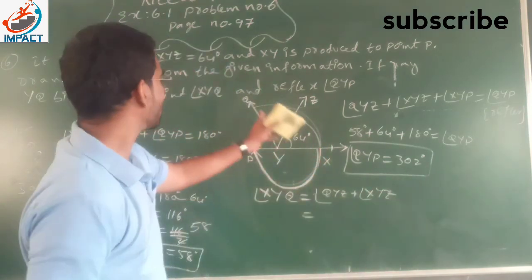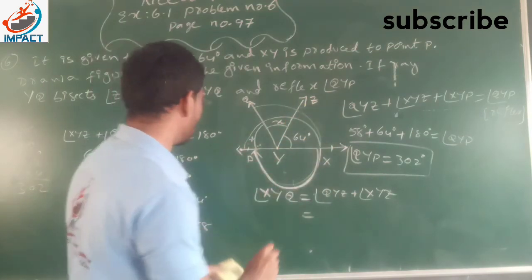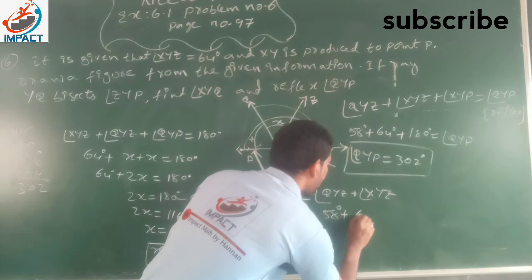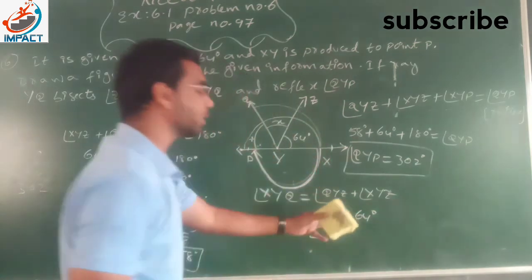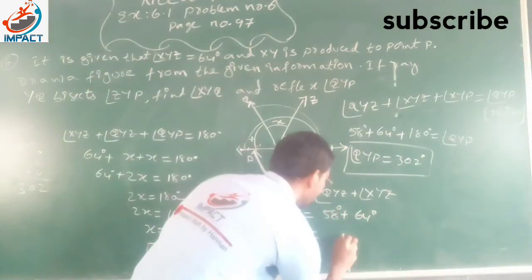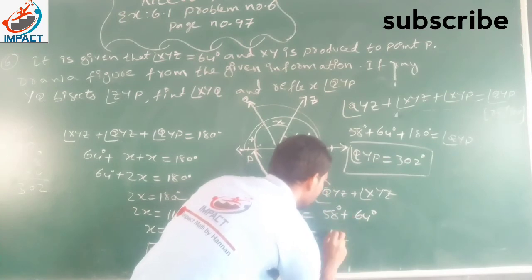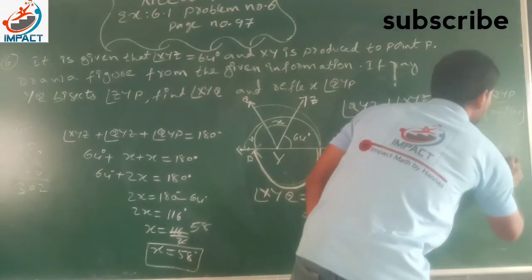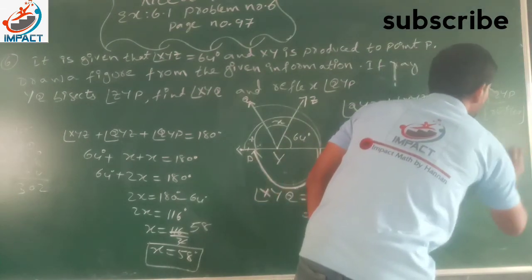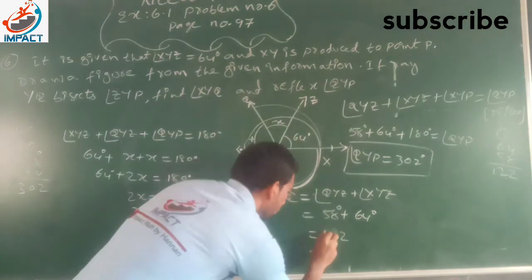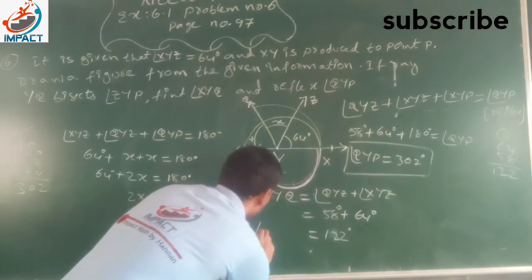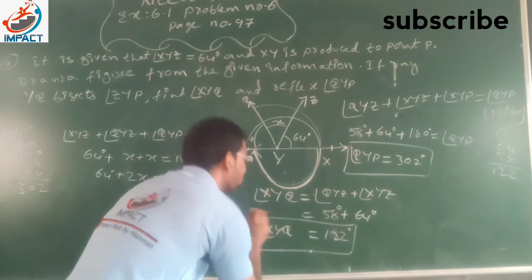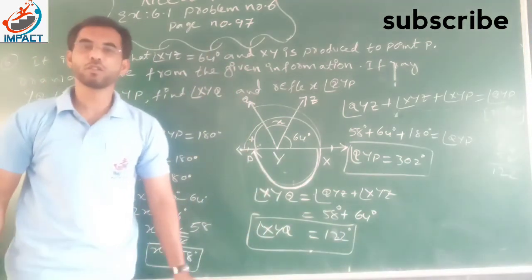QYZ we got 58 degrees, plus angle 64 degrees. 58 plus 64 is 122 degrees. That is XYQ equal to 122 degrees. This is your complete problem.